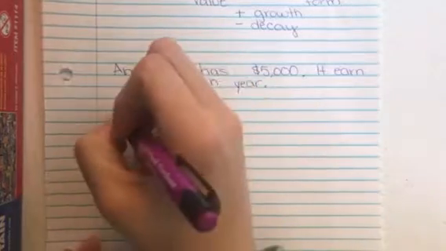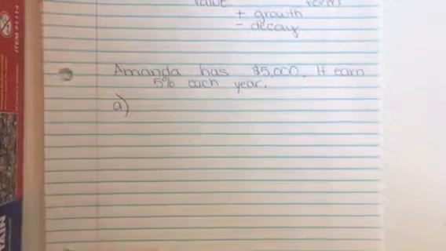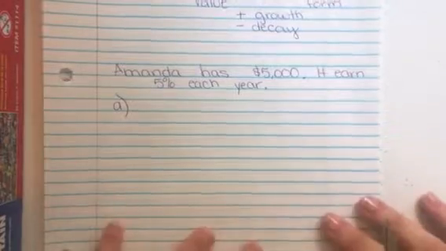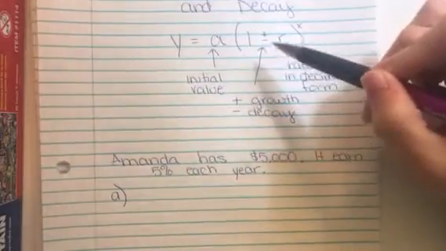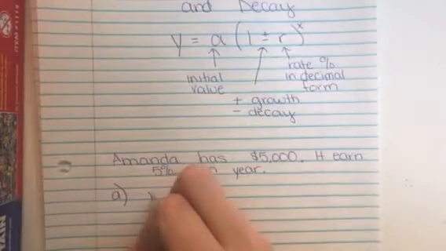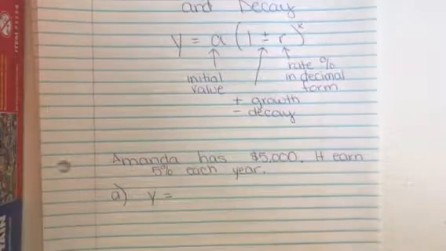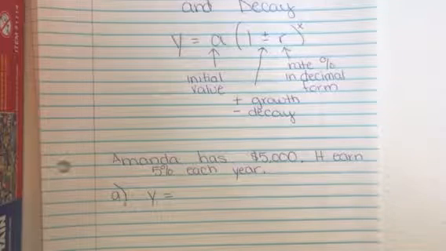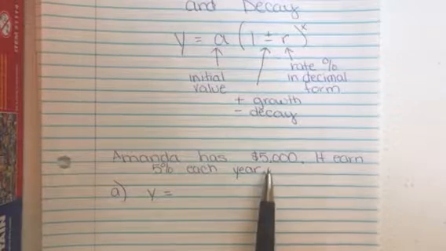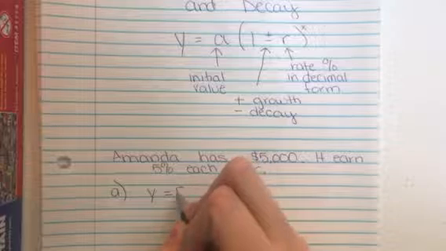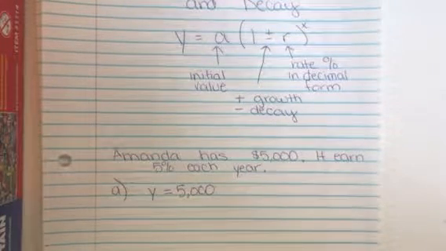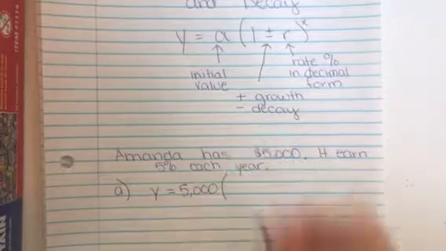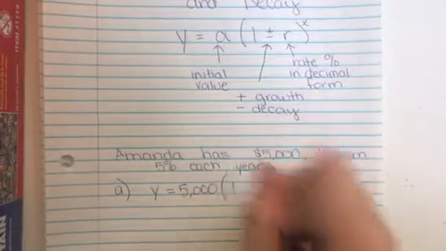Okay, so first, let's write an equation that will represent this situation. To do that, we're just going to go right back up to this formula. So we're going to say y equals, okay, A is going to be the initial value. So the initial amount in her bank account is $5,000. Then we're going to put 1.